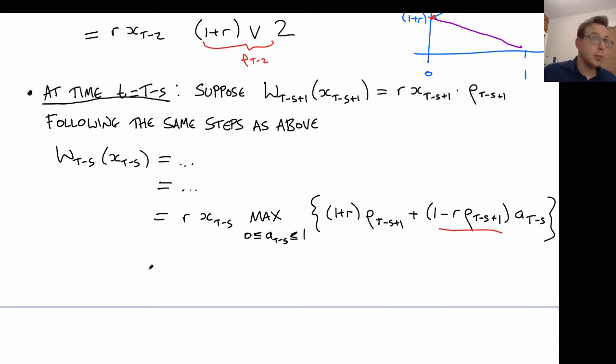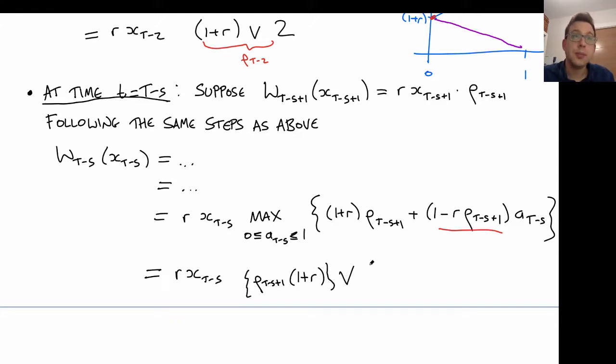So we're going to have that this is equal to r of t minus s, and then depending on the outcome of these two, I'm either going to have a solution where a equals 0, which is going to give me rho of t minus s plus 1 times 1 plus r, or a equals 1, in which case this term is going to cancel with this term, and I'm going to get rho of t minus s plus 1.